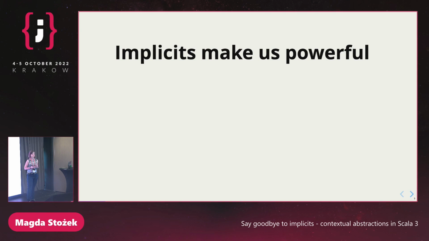So let's begin by saying what implicits are and why we need them. Well, the implicit keyword in Scala is a keyword which can mean very different things. And you can find it next to various language constructs. But what's common is that it's needed to provide so-called contextual abstraction.